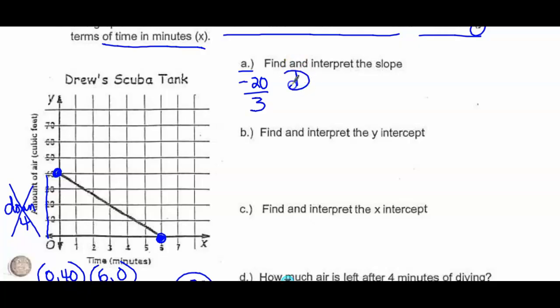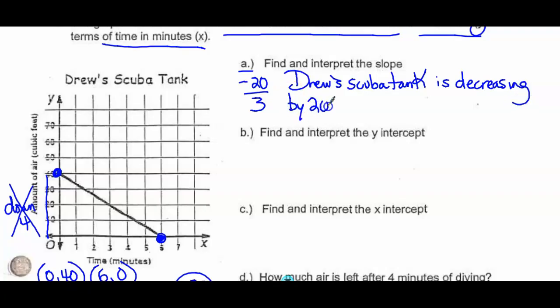So I'm going to say Drew's scuba tank is decreasing by 20 cubic feet of air every 3 minutes. Remember to interpret both numbers in the positive or negative.